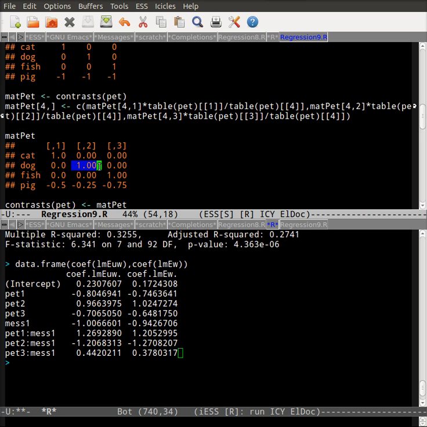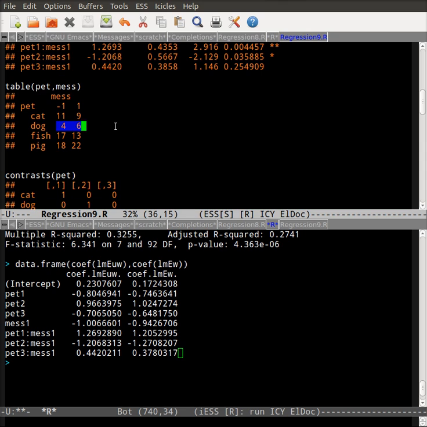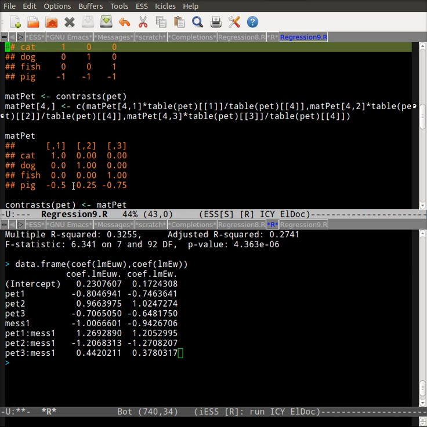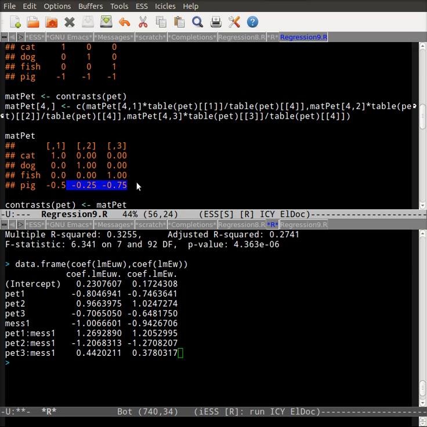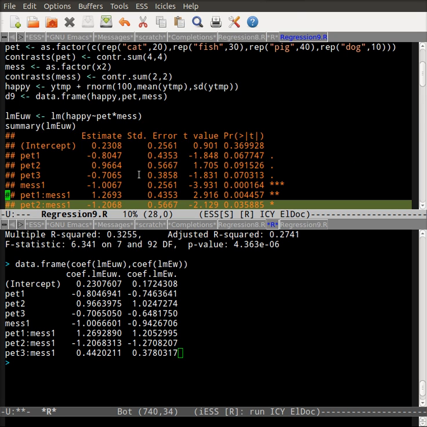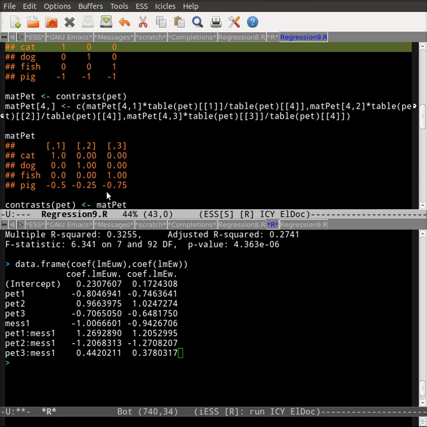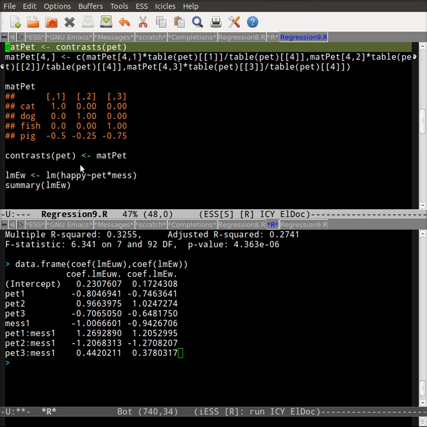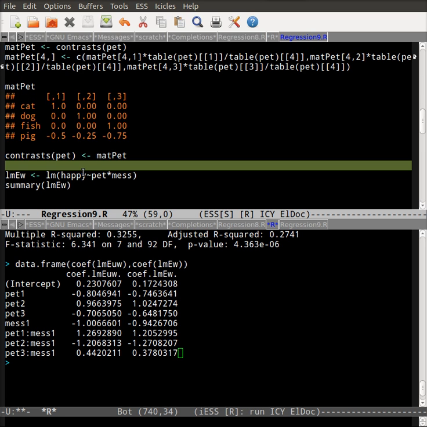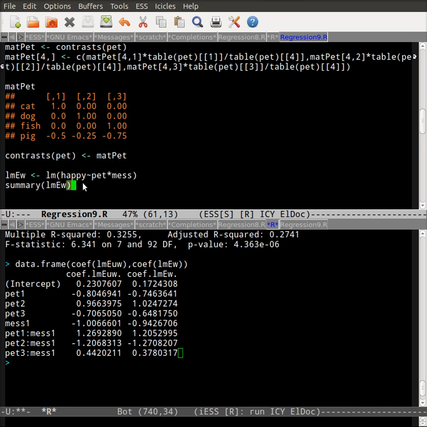Here's dog, and as I said before, the frequency of dog is 10, 4 and 6, and the frequency of pigs is 40, so for every dog there are 4 pigs, so that would be 0.25. And then it's 0.75 because there were 30 fish, and you'll see here 17 and 13 is 30, and there are 40 pigs, so there are 3/4, and that's reflected in 0.75. So when I run this, now I change the contrasts, and I get different results.